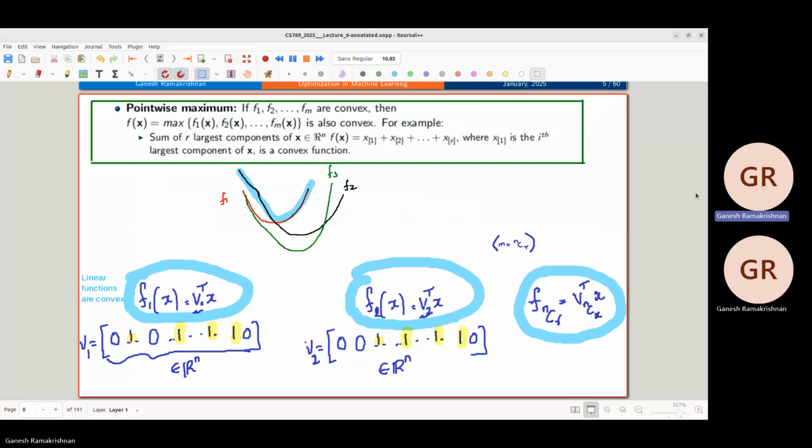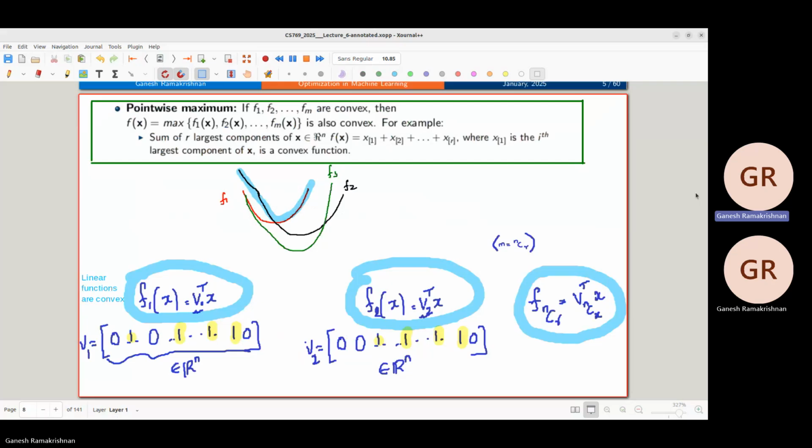Okay, so I'm defining my function: supremum over y of f of x, y, where f of x, y is convex in x for a fixed y. So y is fixed. Y is like an index, just like in this example, f1 is an index, f2 is an index.